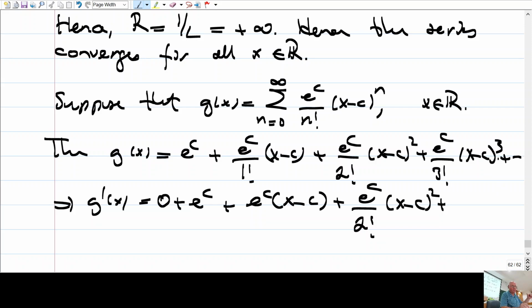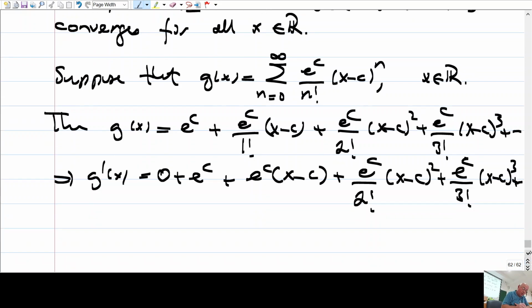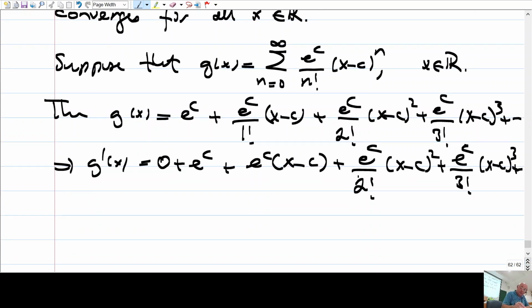When you take the derivative, 4 comes down and 4 factorial becomes 3 factorial. So the next term is e to the power c over 3 factorial times x minus c cubed, and so on. What you see is just the same function. So this is again g of x. When you take the derivative of this expression, you get the same thing back.